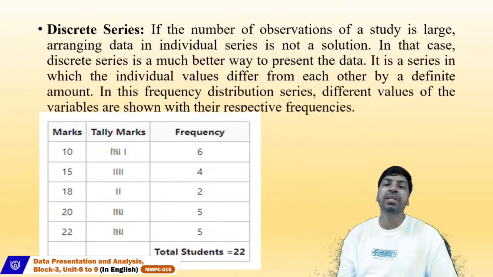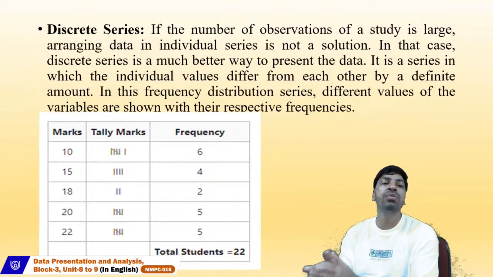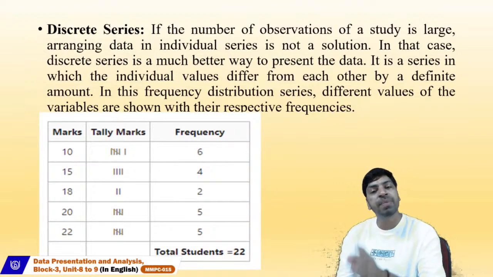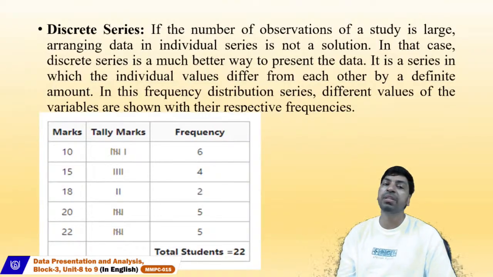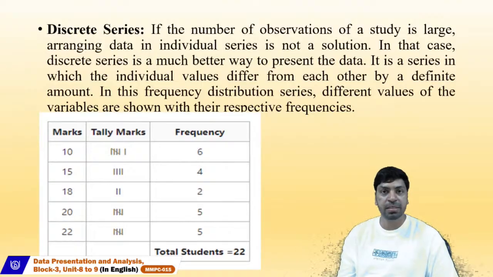So the total students is 22. So if different values of the variables with their respective frequencies have been shown, that becomes discrete series.